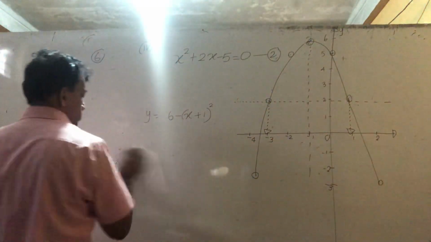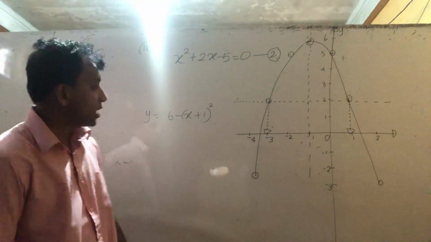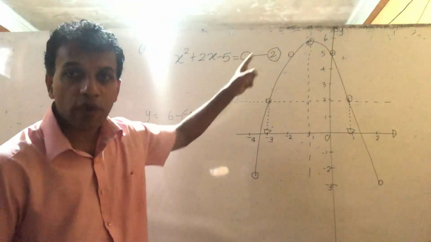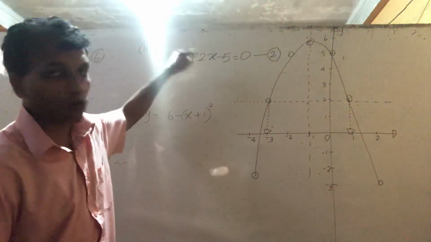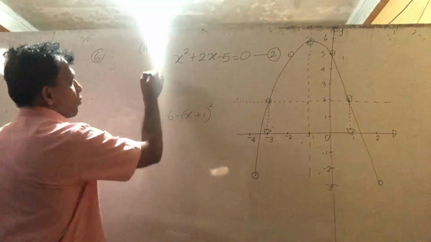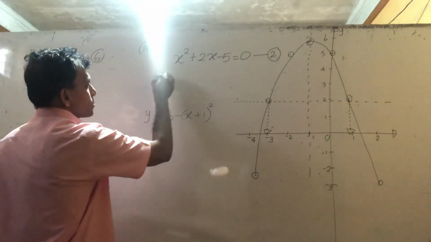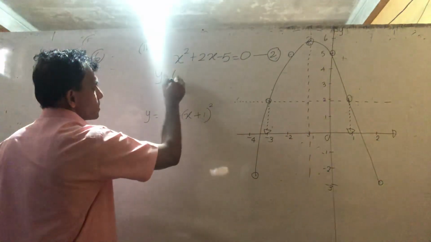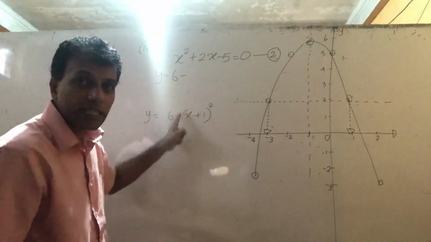Therefore, I rearrange our original graph equation into this form. See that y equals 6. Here, expand the bracket.